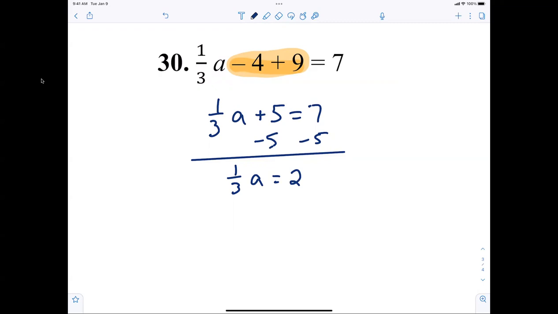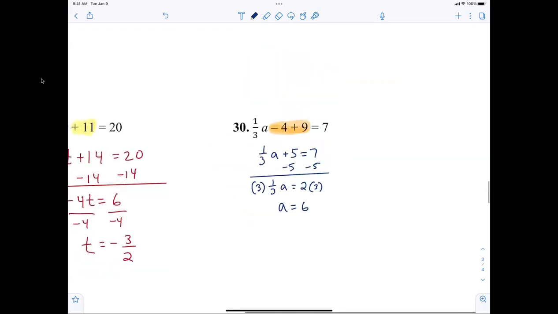And then you do 2 times 3. That's exactly right. And then you get the reciprocal. All right, I like it.